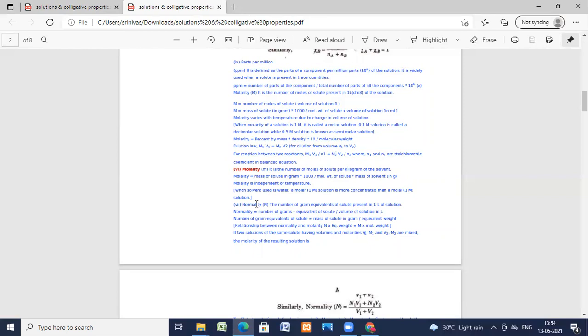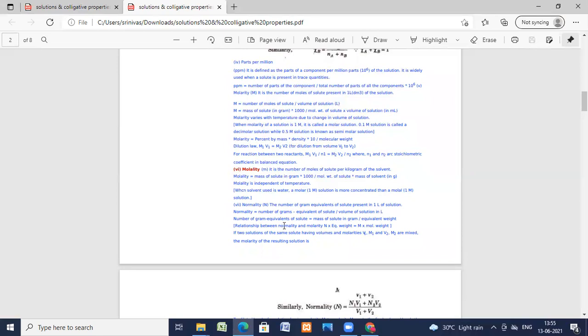The fourth way of expressing the concentration of solutions is normality, N. It is the number of gram equivalents of solute present in 1 liter of solution. Normality is equal to the number of gram equivalents of solute by volume of the solution in liters. The number of gram equivalents of solute is equal to mass of solute in grams by equivalent weight.